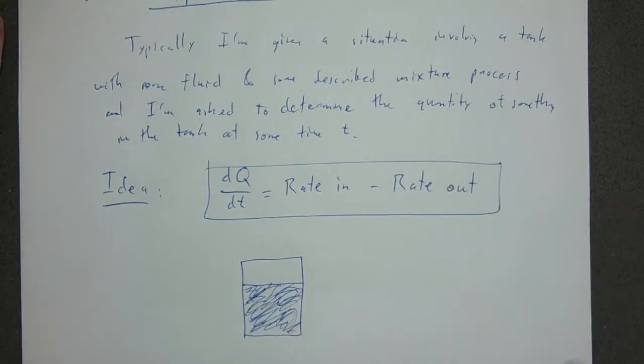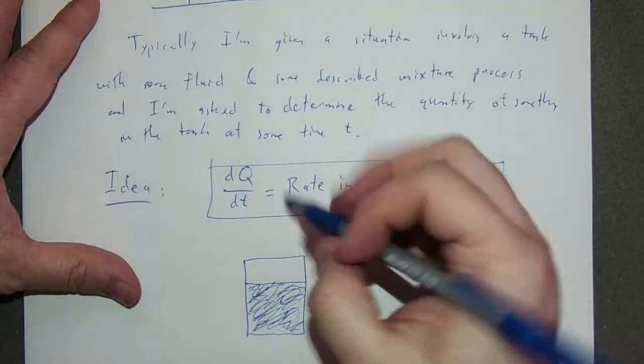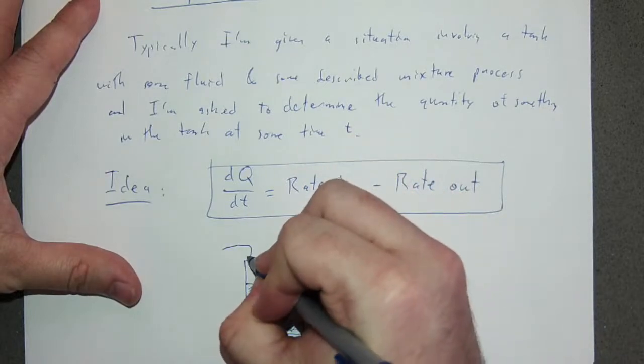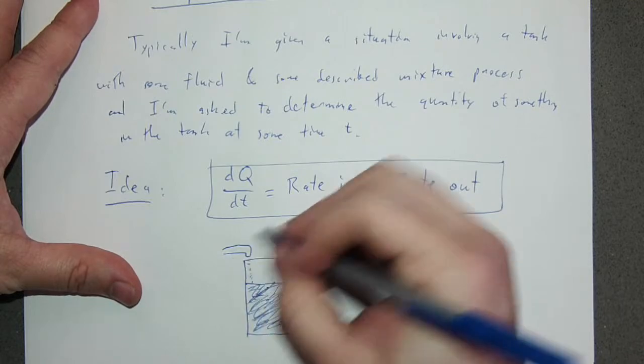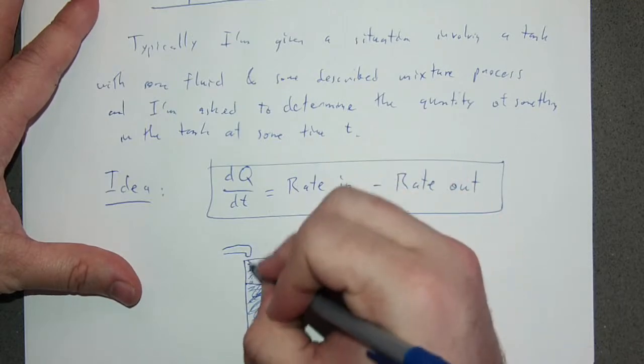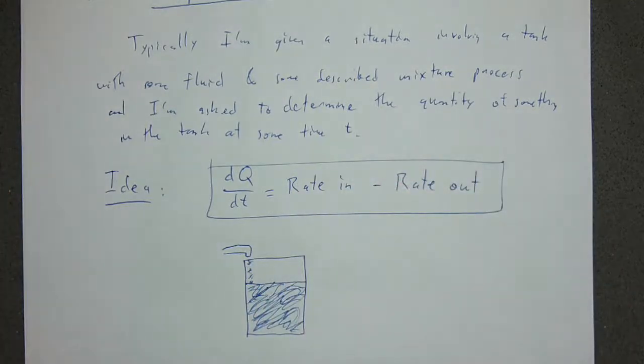So I have a tank. It's filled with some kind of fluid. Into the tank, if I have a spout, at some rate, I have some other thing pouring in that has some given concentration of the quantity in question. Like I said, salt is a frequent thing that comes up in these problems.